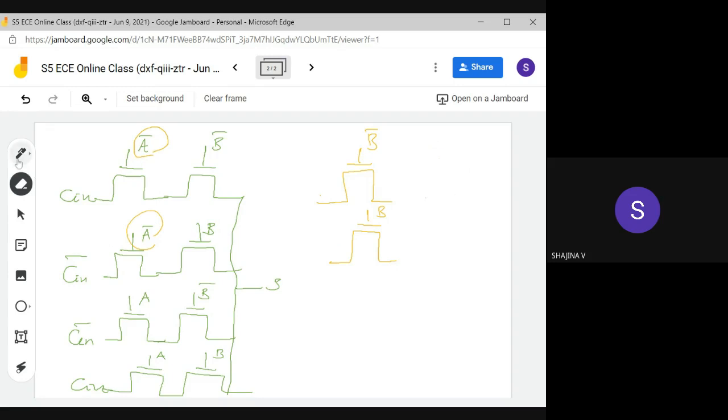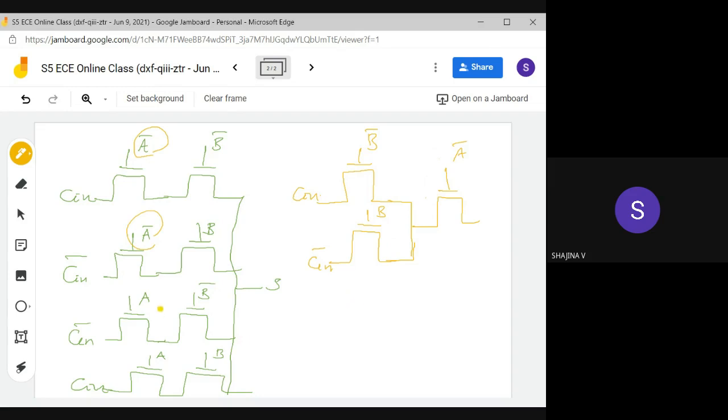Okay. So I can draw like this. That is B bar B. I'm changing the position. So one input is C in, other one is C in bar. Okay. And here I can take the NMOS A bar. Right. So I can simplify like this.